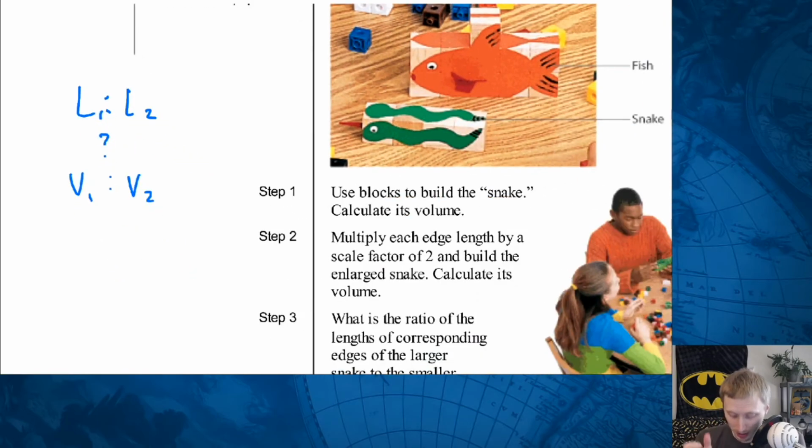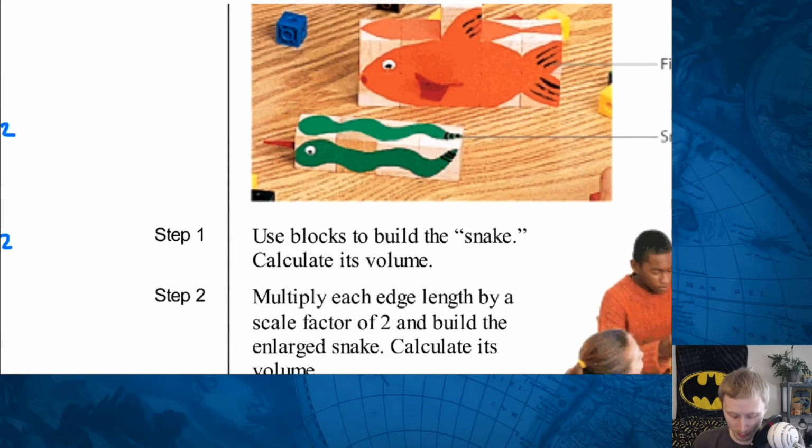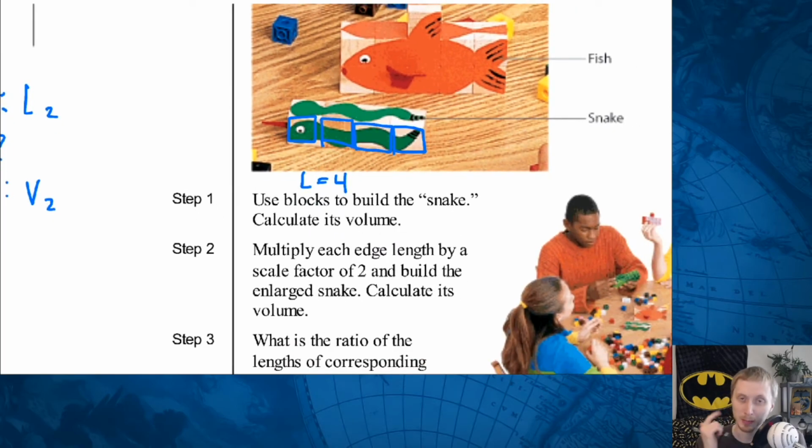Let's use their little block snake here for an example. If we had our little snake friend made out of these 4 blocks, we could say its length is 4. Oh, but what if we wanted a bigger snake, right? They suggest here, multiply each edge length by a scale factor of 2. Each length by 2.